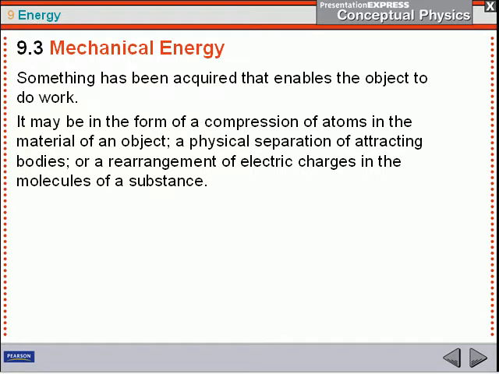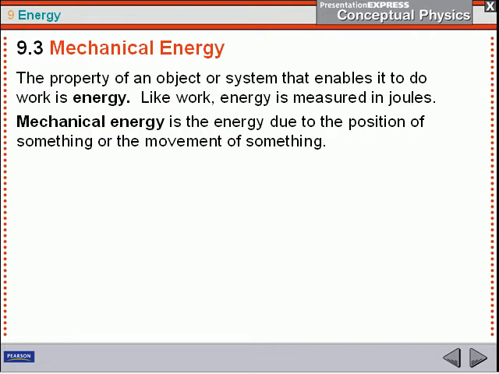So something has to be acquired that enables the object to do work, and it can be compressing atoms, it could be separating things that are attracted, or it can be rearranging electrical charges which then will want to move as a result of the rearrangement. So this property that enables something to do work is energy.